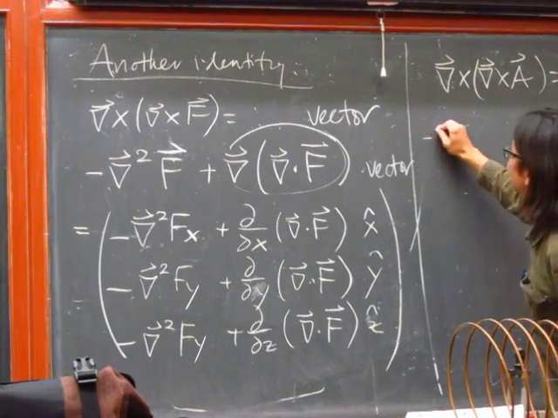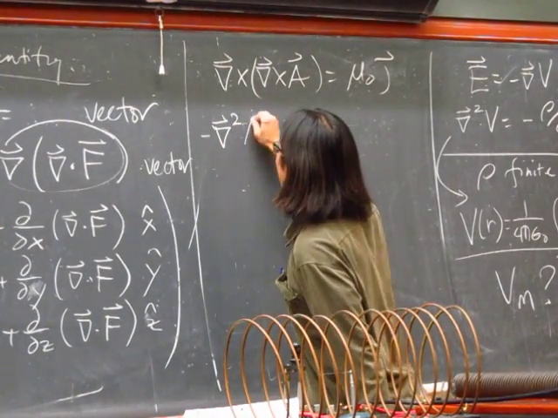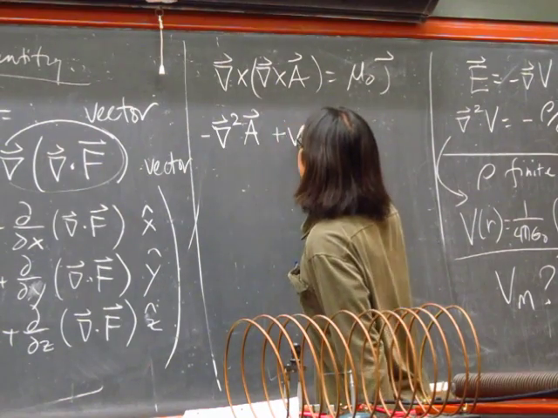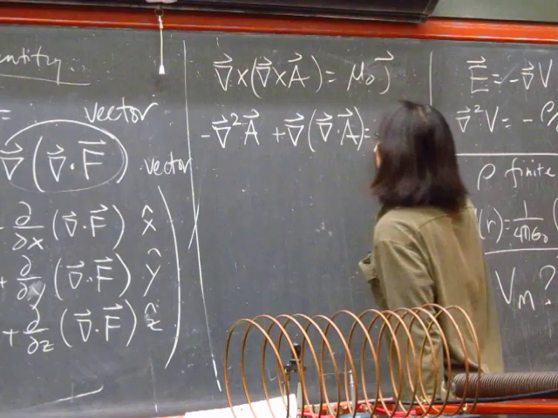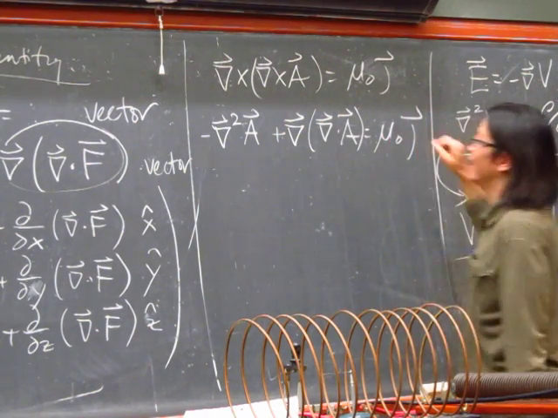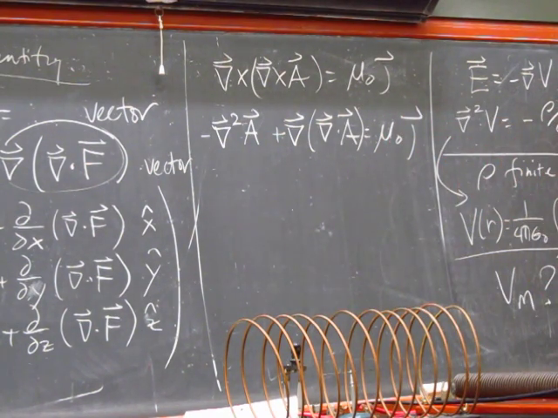So this becomes minus the Laplacian of A plus the gradient of the divergence of A is equal to mu naught J. So you're getting there.